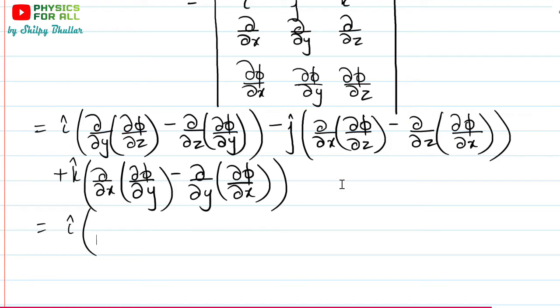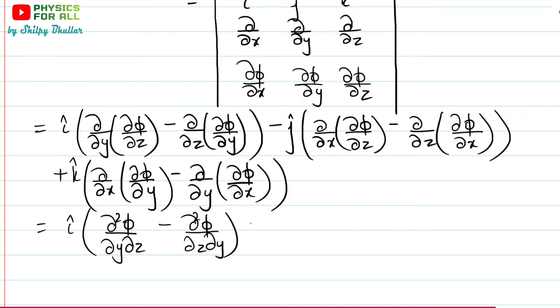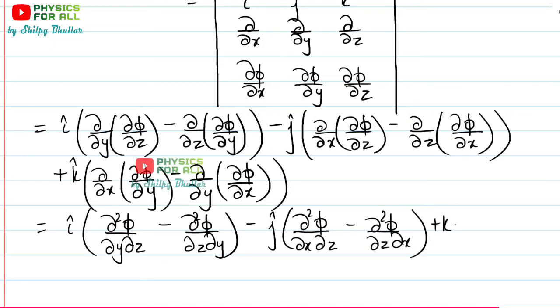So we can simply open it up and write it as curly square phi upon curly y curly z minus curly square phi upon curly z curly y. Then we can write for the j cap also. And then comes the k cap.